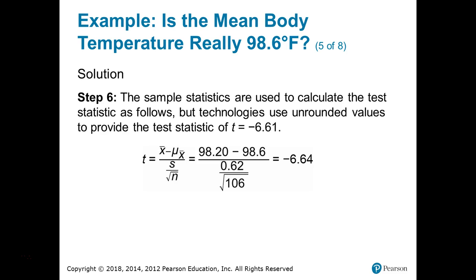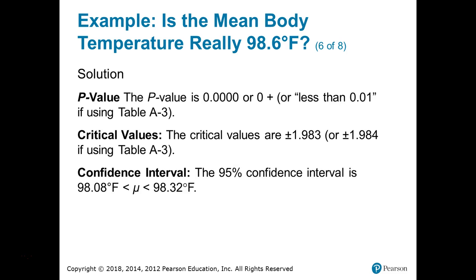Using the formula, where we can use what we did in the previous examples with technology, we get a t-value of negative 6.64 or negative 6.61, depending on which method you use. The p-value is essentially 0, a really, really small number.